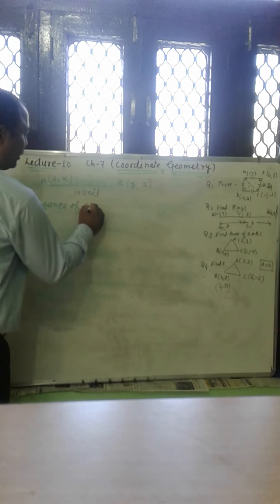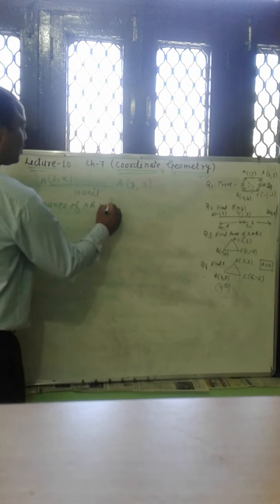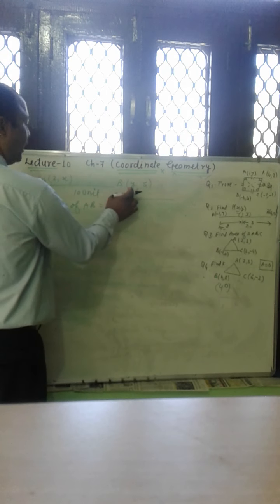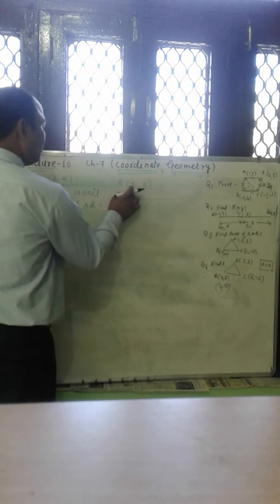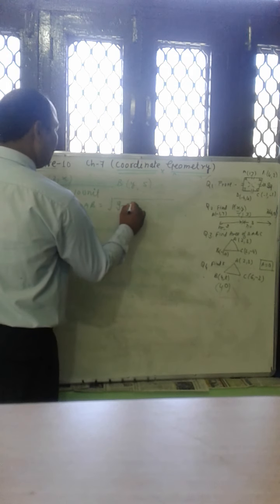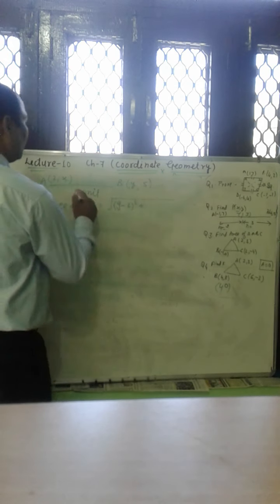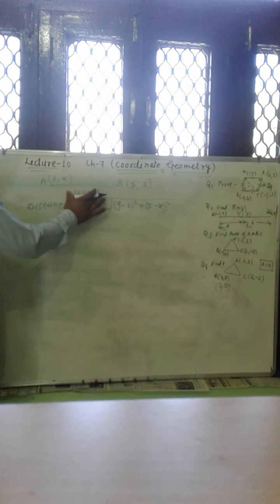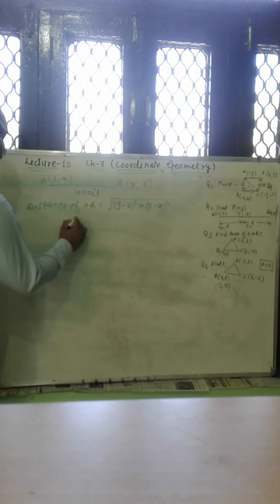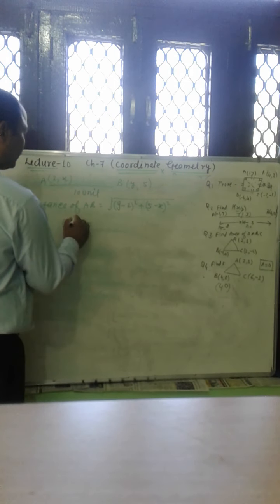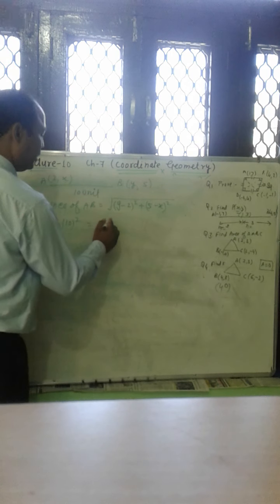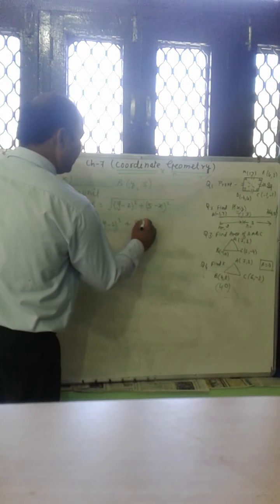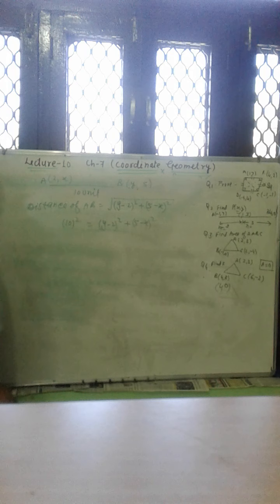distance of AB is equal to the square root of x1 minus x2, or y1 minus, either you can say, y minus 2 to the whole power 2 plus 5 minus x to the whole power 2. And here 10 units is given, 10 to the power 2. Then square this side also: y minus 2 to the whole power 2 plus 5 minus x to the whole power 2.